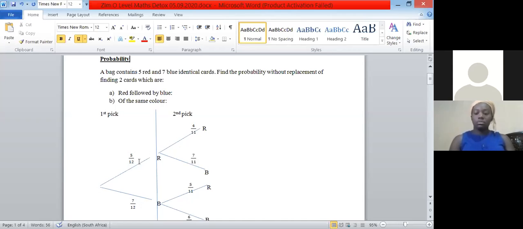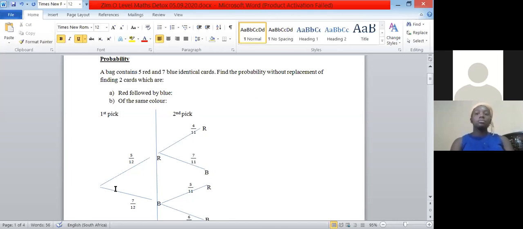Assuming that you picked a red card on the first, the number of red cards will reduce to 4, but the number of blue cards will remain what? 7. So it will now be 4 over 11 for red and 7 over 11 for blue, because it is without replacement. Some other cases are with replacement, where the totals do not change. But if it is without replacement, the totals change.